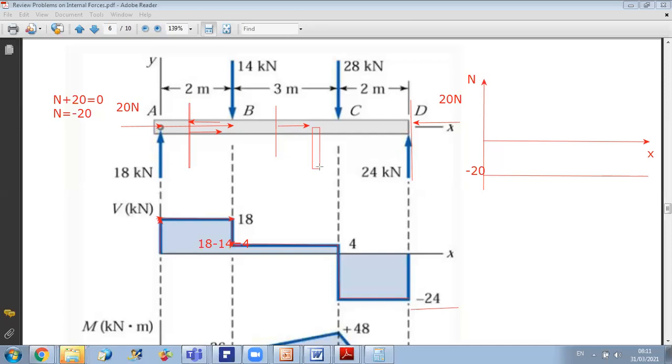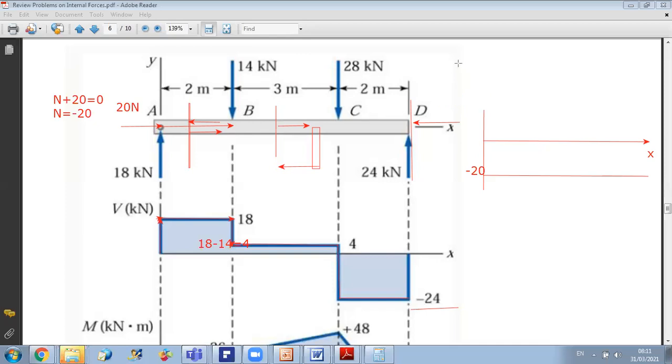If you apply a force here, then it will affect the normal force, and it will also affect the bending moment, because it will be able to produce a moment. But if it is along the beam, it will not affect the shear, and it will not affect the bending moment.